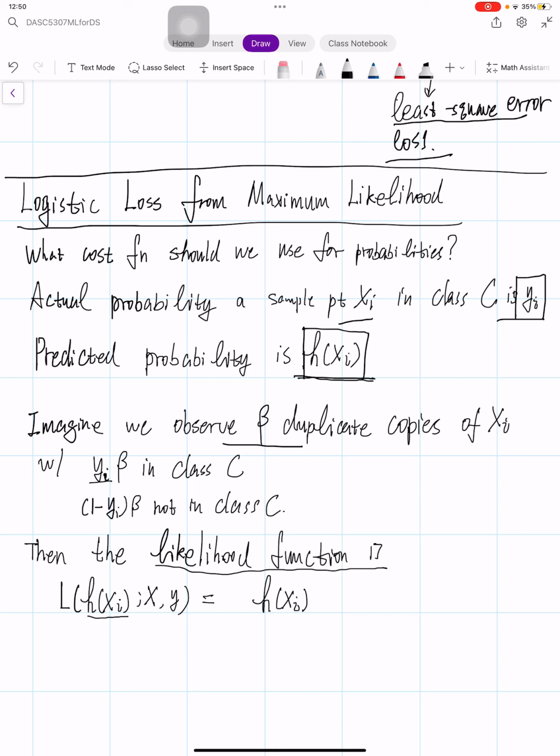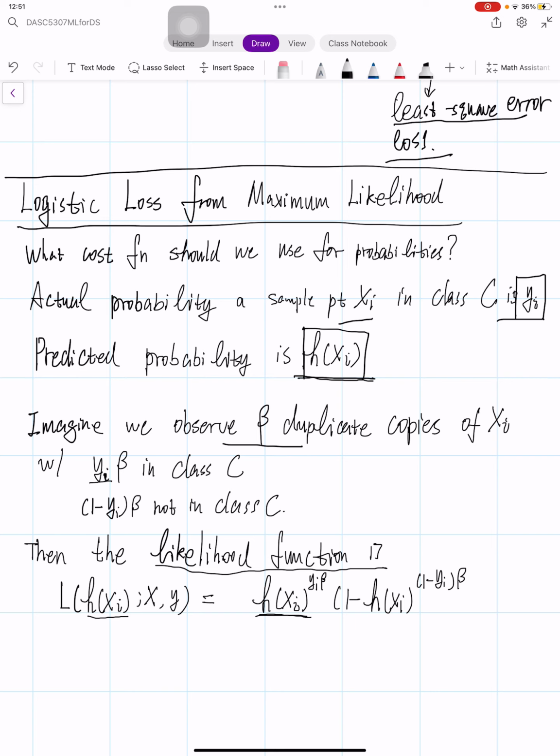Suppose we have some h function, a function of the covariates, that can generate labels for these sample points. The likelihood for generating these sample points is like getting yi times beta heads, with probability h(xi), multiplied by 1 minus h(xi) to the power 1 minus yi beta.